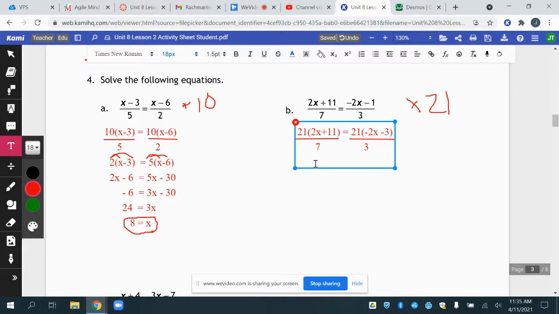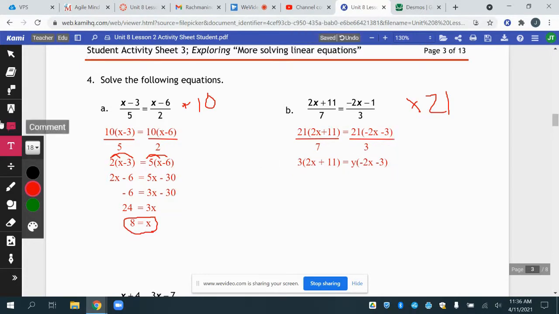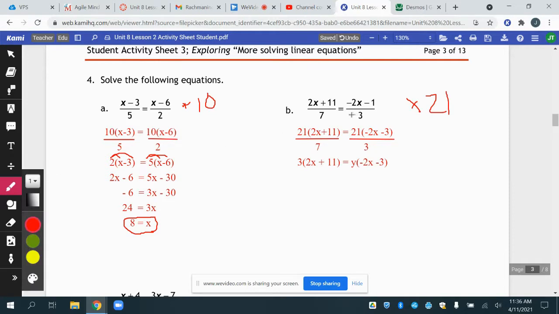Notice 21 divided by 7 is 3, times 2x plus 11. And 21 divided by 3 is 7, times 2x minus 3. Here's a shortcut for you. Do you remember the cross multiplication?